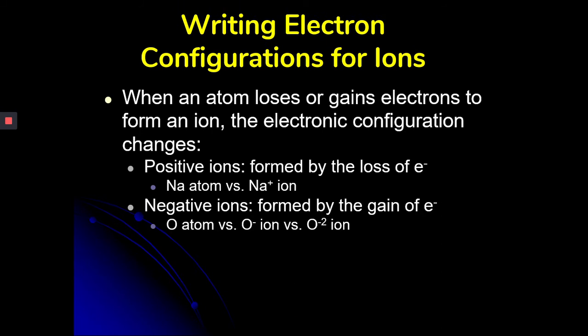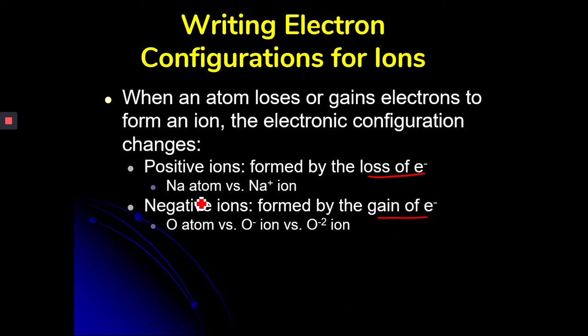When you're writing electron configurations for ions, remember atoms lose or gain electrons. That's what an ion is. Positive, they lose those electrons, so you're just taking off the last electrons. And negative, they gain electrons, so you're just adding 2 at the end.